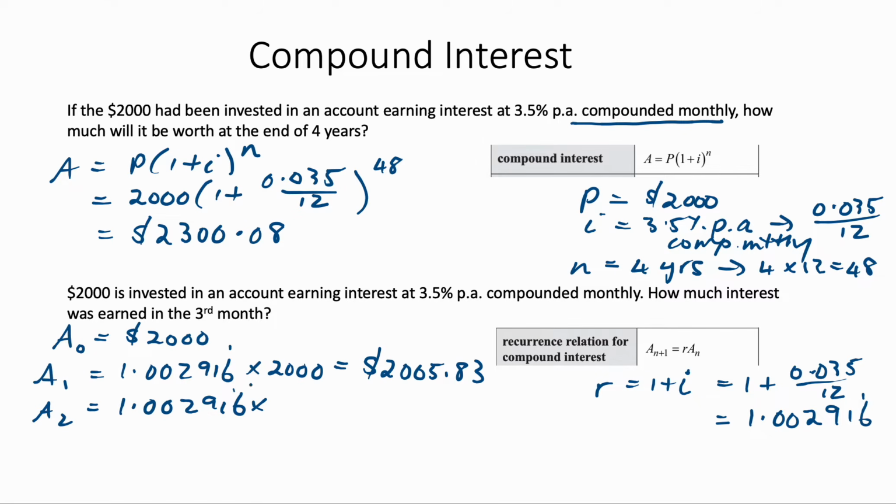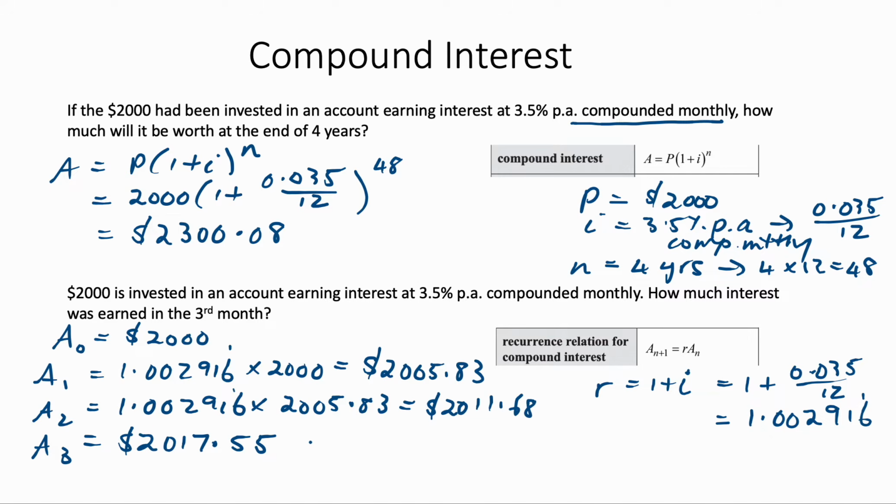Now to get the balance at the end of the second month, I have to multiply that by the balance at the first month. So pop that in. When we put that in the calculator, we get $2,011.68. If I do the same thing with my A3, putting the same thing in, I'm going to get $2,017.55.